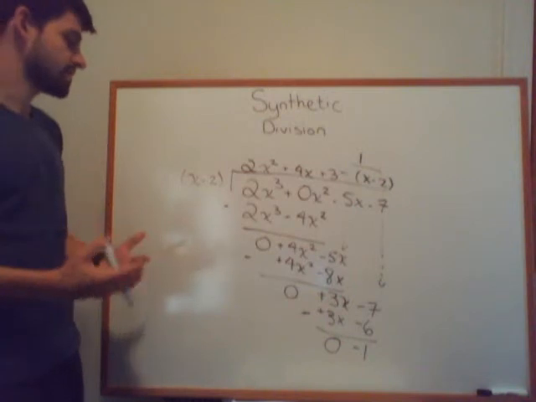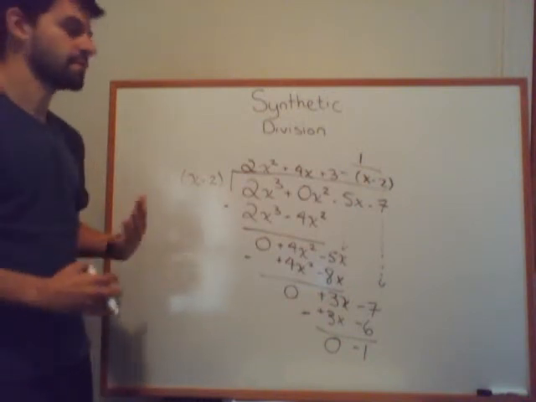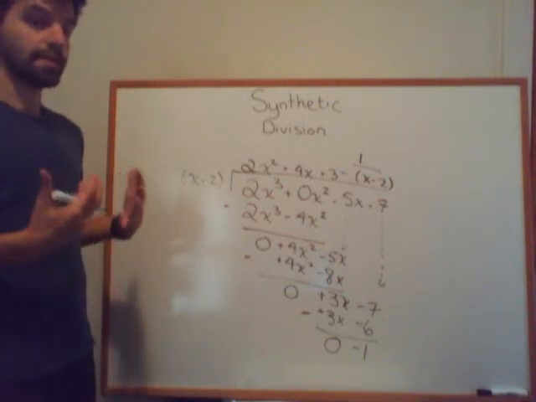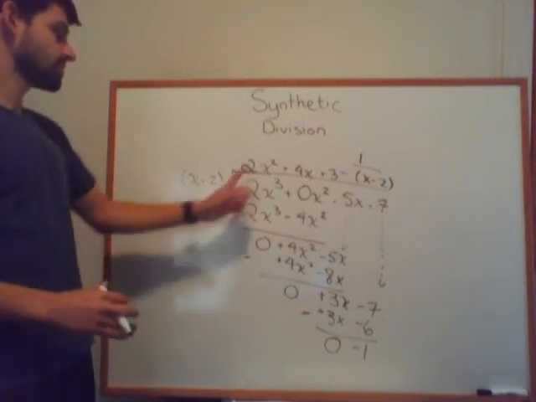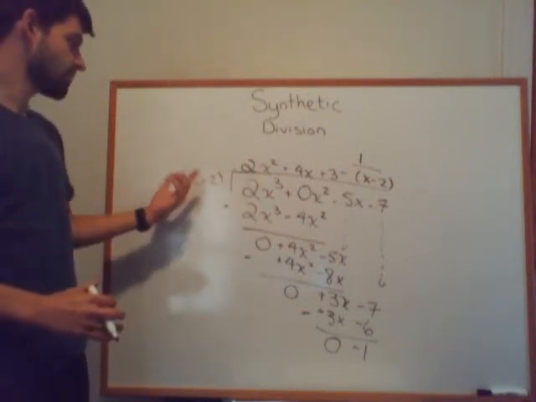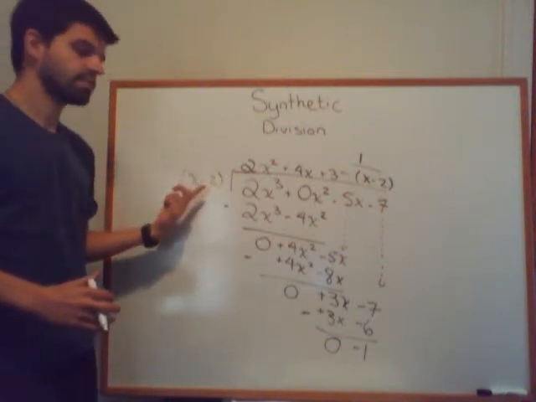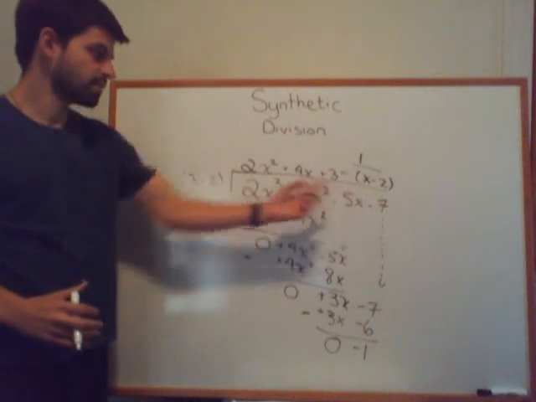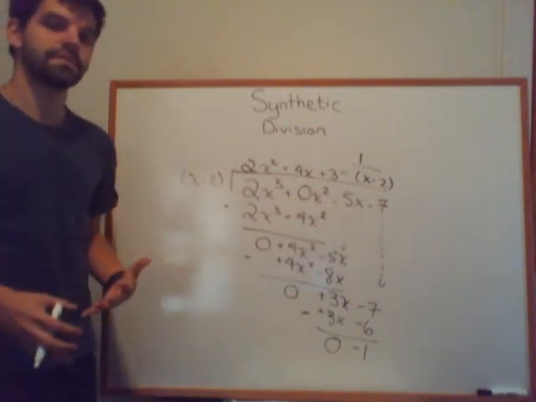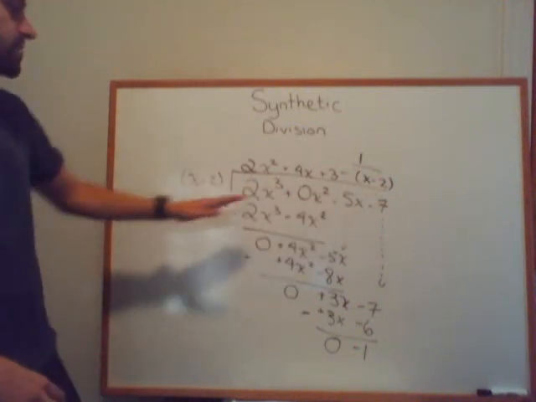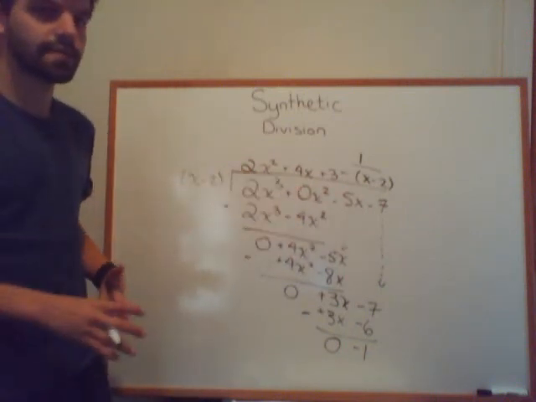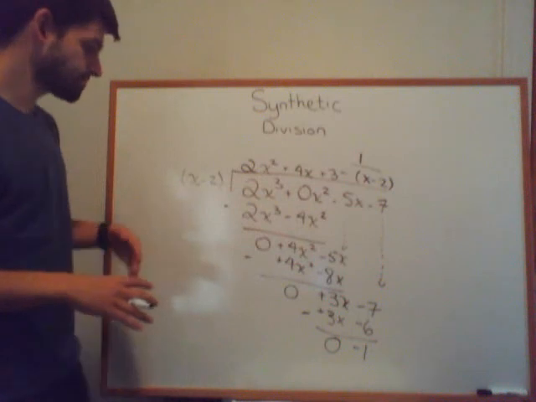I know this takes a lot of steps, and there's a lot of areas where simple mistakes can be made, so take it nice and slow. Remember, we're just using the distributive property with the binomial or polynomial expression of our divisor to figure out how many times it goes into the dividend. And again, just be very careful with your signs, especially negatives, because negative minus a negative is a positive.